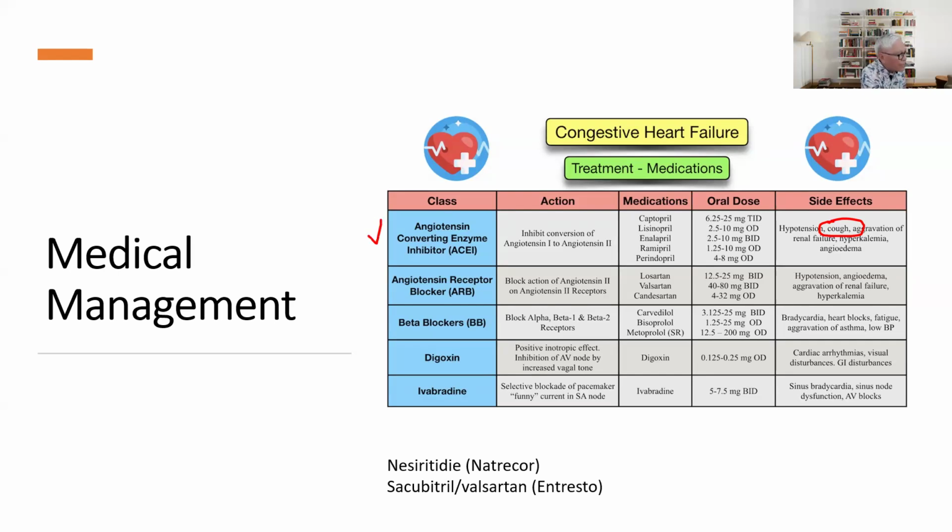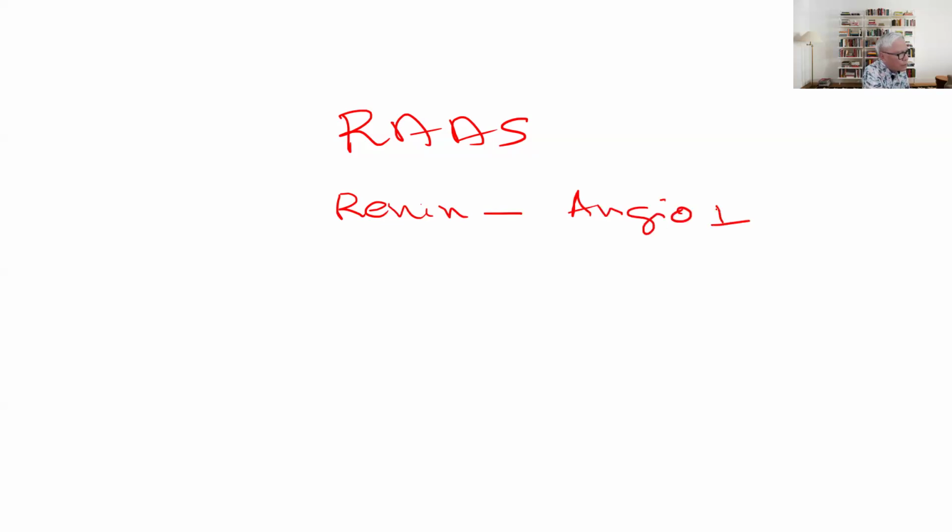So let's take a look at the angiotensin II receptor blockers. These are the medications that end with sartan. So if you see over here, losartan, valsartan, candesartan, all these medications are angiotensin II receptor blockers. So in looking at RAS again, you remember in RAS, we have renin, angiotensin I, and it's converted to angiotensin II.